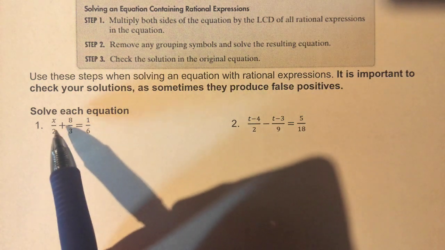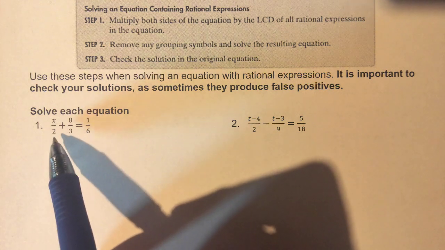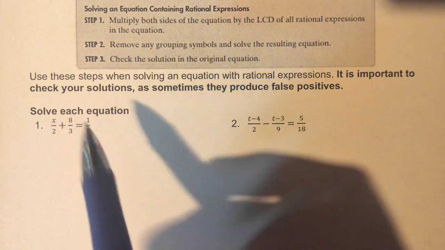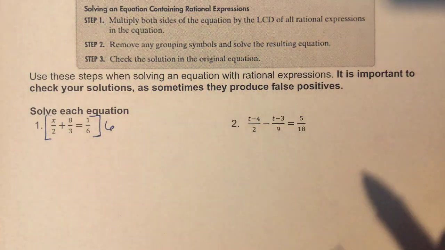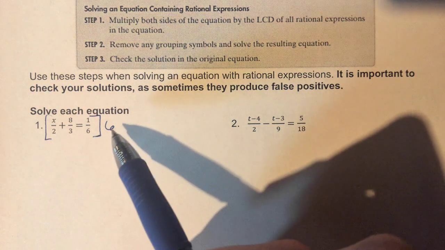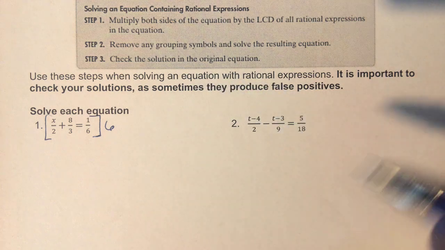So first thing you're going to look at is your denominators, and you're going to figure out what's the common denominator. Between 2, 3, and 6, I believe the least common denominator is 6. So we're going to multiply the whole equation by 6. Now what you have to remember is how do you multiply a fraction and a whole number?